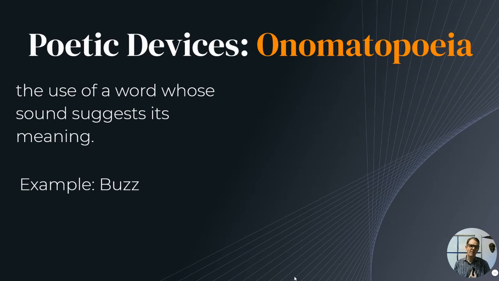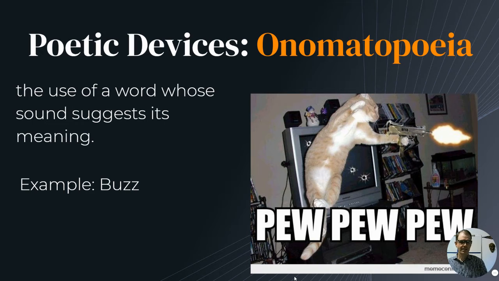We used to call these Batman words when I was a kid, because there was an old Batman TV show that whenever a character would punch another character, they would flash words like pow or bang or oof on the screen. And so those were these onomatopoetic words. So we have this example here of the cat with the machine gun saying pew, pew, pew. Those are examples of onomatopoeia.